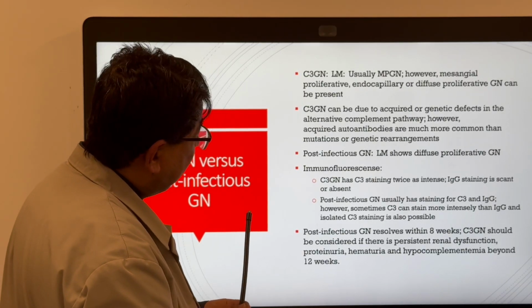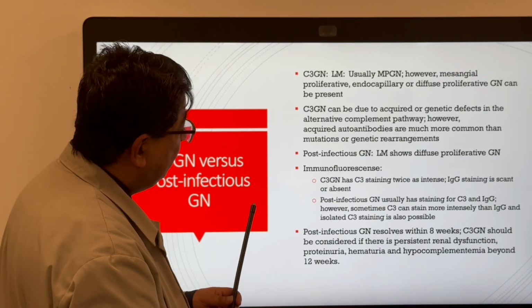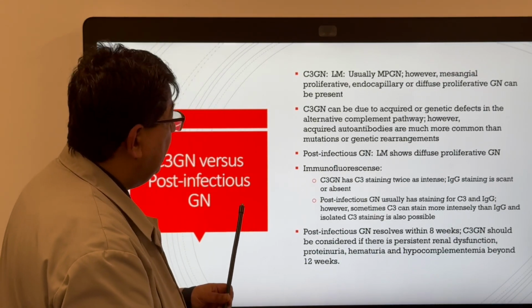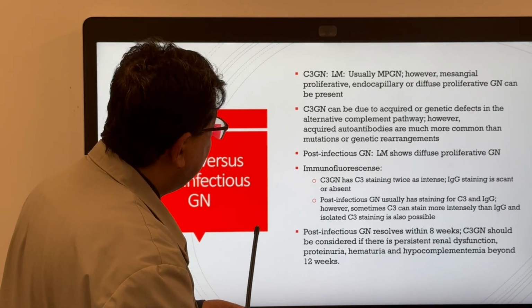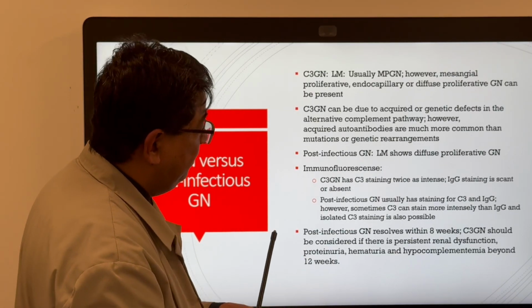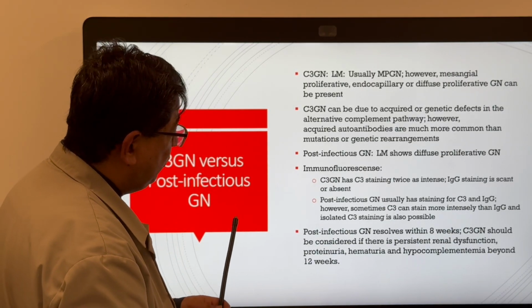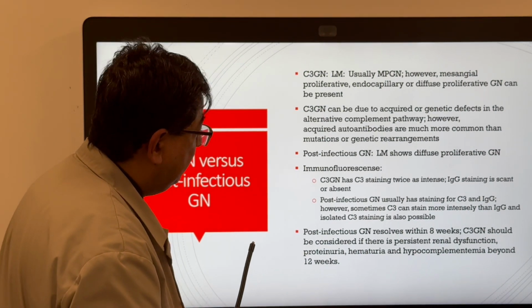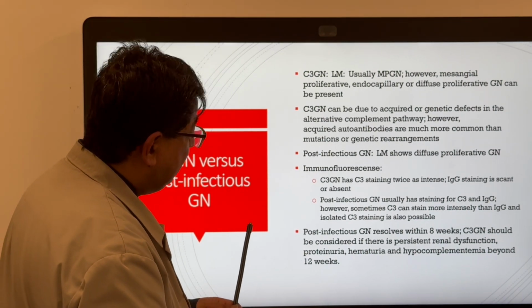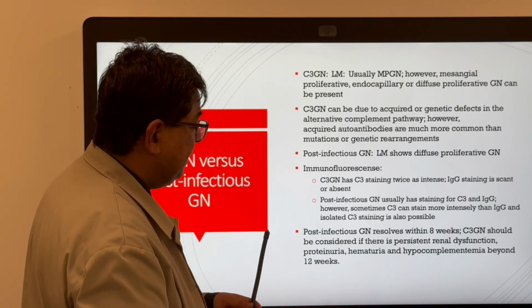And post-infectious GN, those typically show a diffuse proliferative GN. As far as immunofluorescence is concerned, in C3 GN, the C3 will be twice as intense, and IgG staining is scant or absent. In post-infectious GN, you have staining for C3 and IgG, but sometimes the C3 may be more intense.